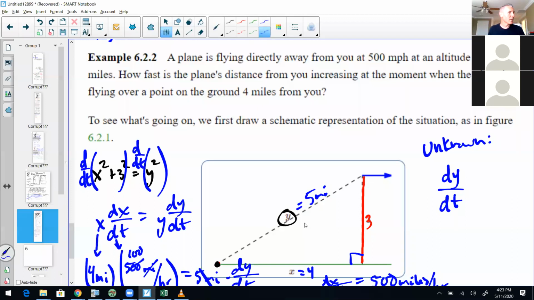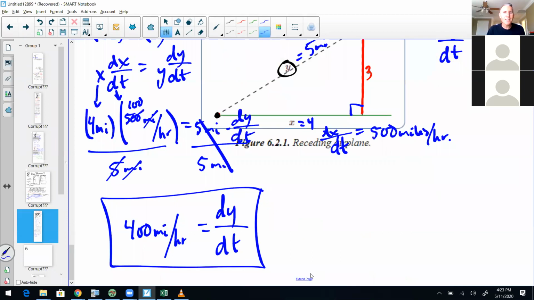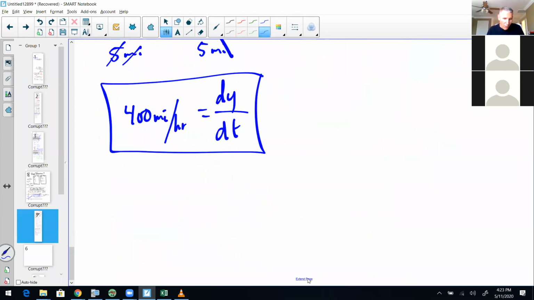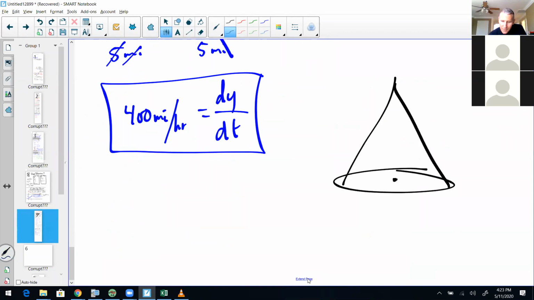If they give you a cone related rates problem, honestly, I think what you should do is look up the volume of a cone. It's not going to be that tough. Here is what you got. You ready? We have this cone there, and this is the radius and that's the height. And you know that the volume, or even if you don't know, you can look it up really quickly, is equal to pi thirds r squared h.